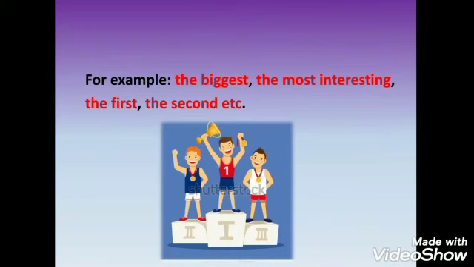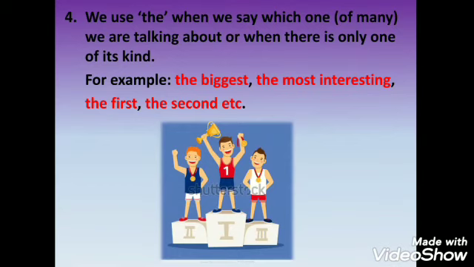There may be many things that will be interesting, but there will be only one most interesting. The first, only one first. The second, only one second. Therefore, the fourth point is we use THE when we say which one of many we are talking about, or when there is only one of its kind.